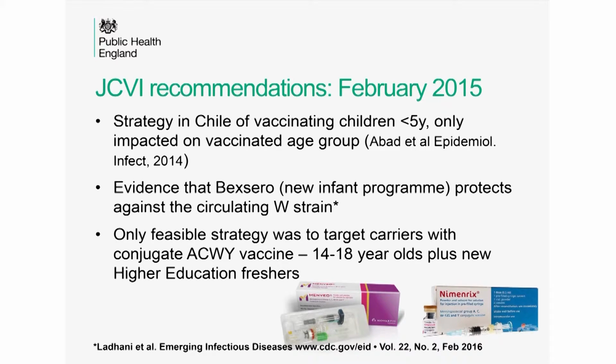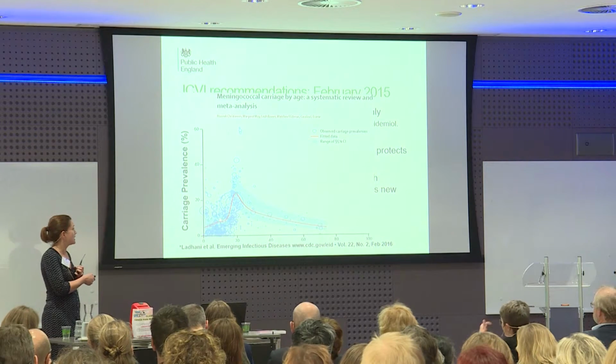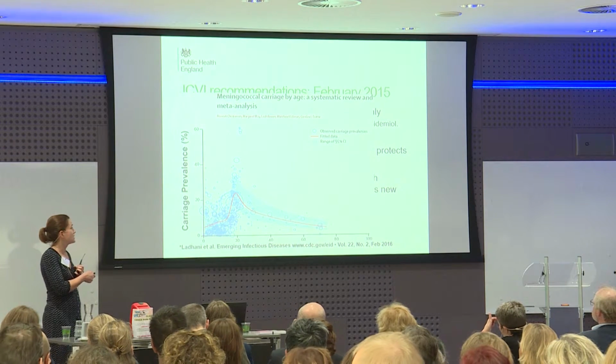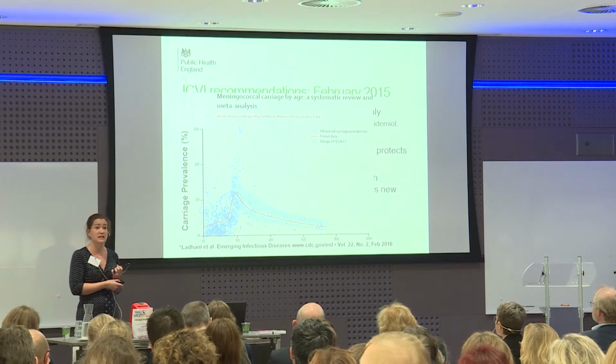So the JCVI considered that the only feasible strategy, or the best strategy, was to target the carrier, the high carrier group, with the conjugate ACWY vaccine. And that is focused, as I've mentioned, in these older teenagers and young adults, where it can reach levels of around 25% carriage in these age groups.